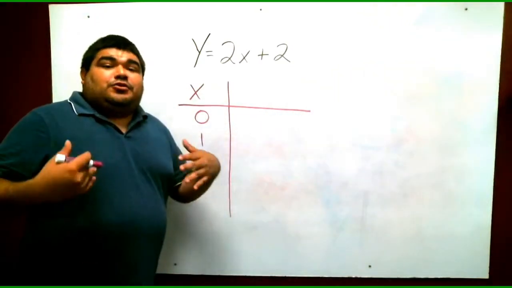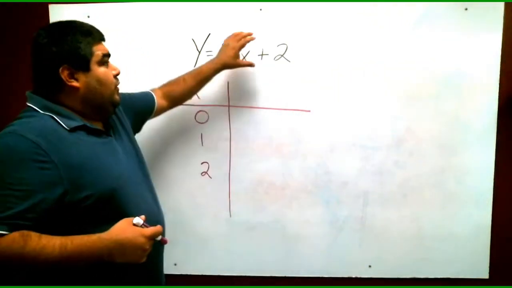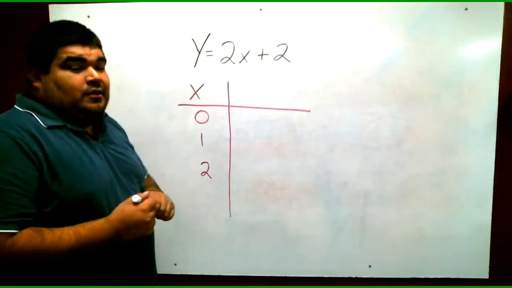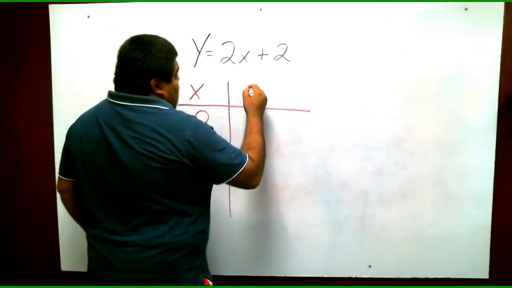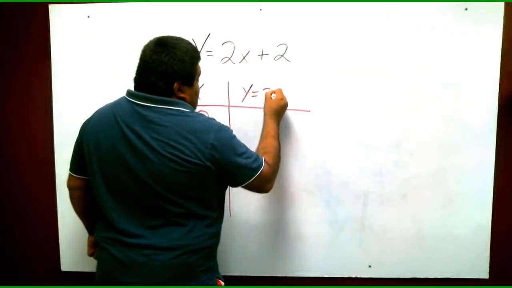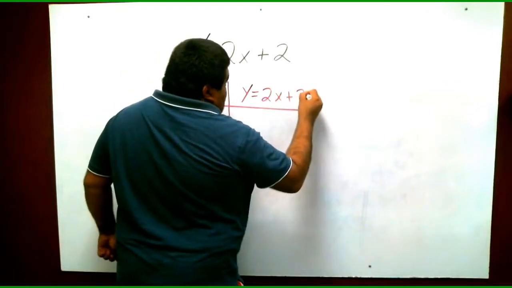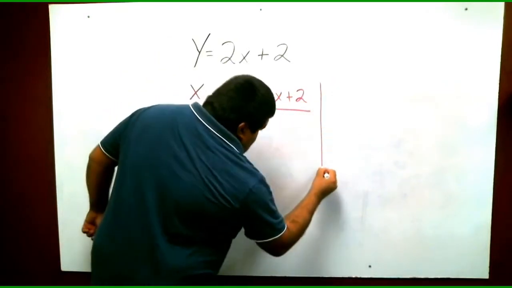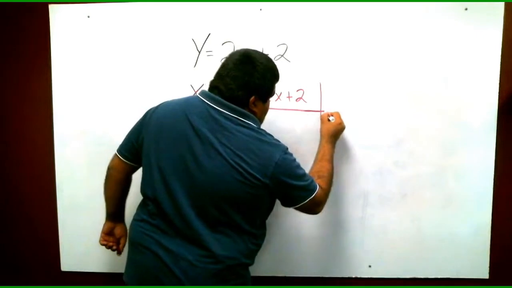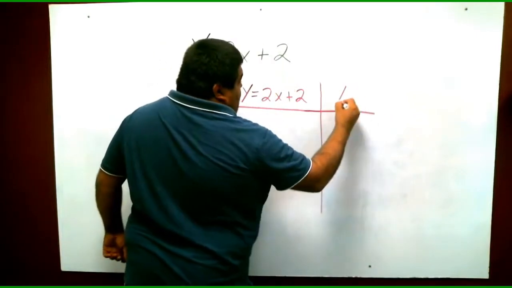Always on the middle of your chart, always put the equation you're dealing with. Okay, so we have y equals 2x plus 2. We close again our little line, and then we have our y.